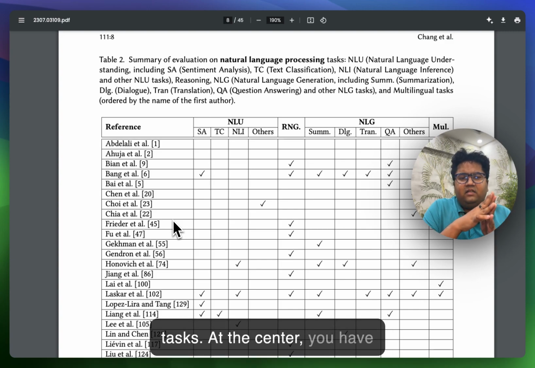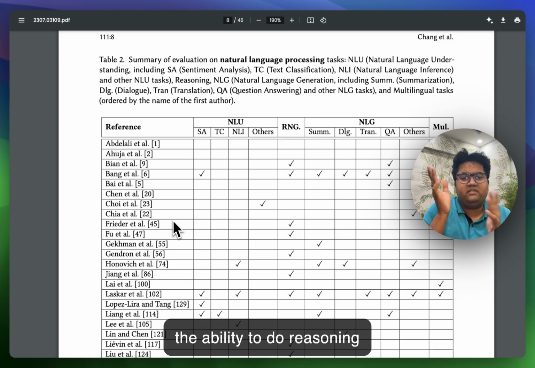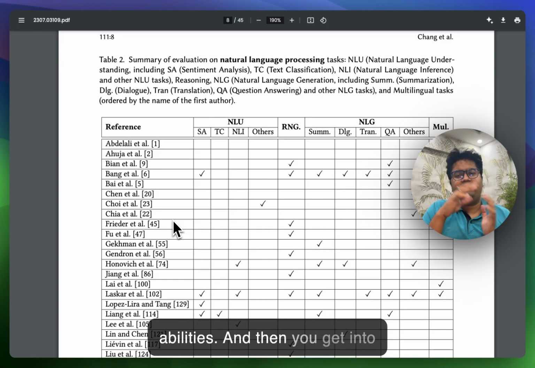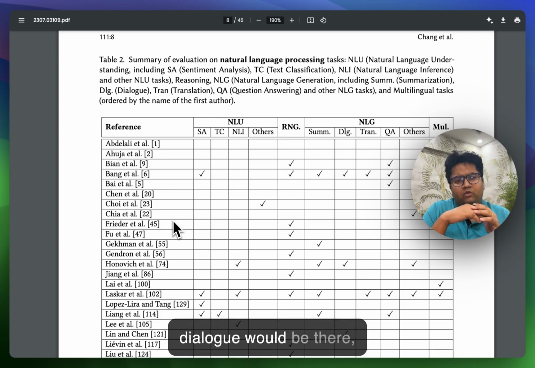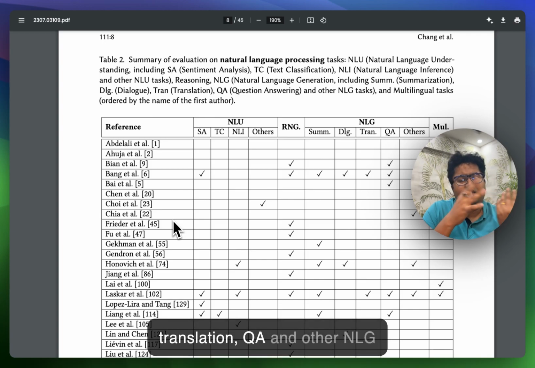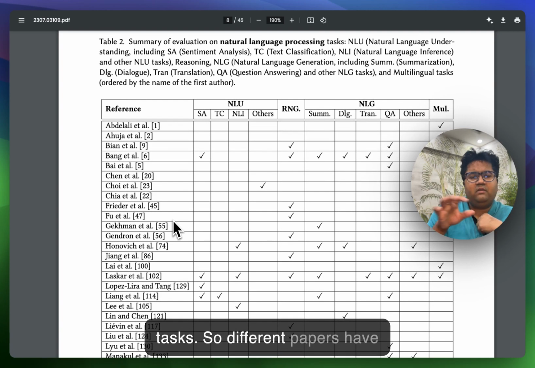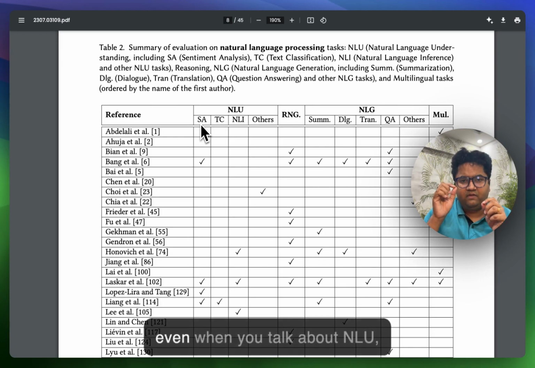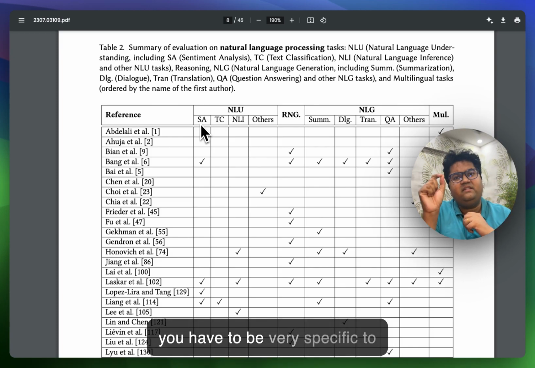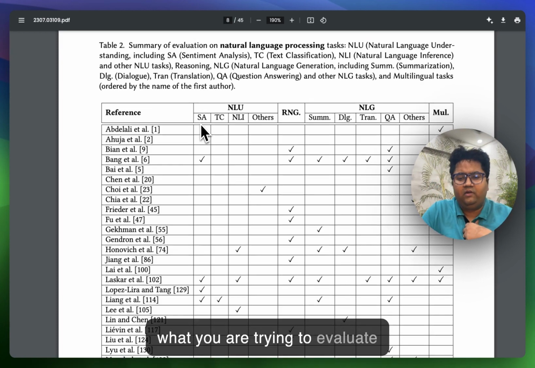At the center, you have reasoning abilities, and then you get into generation lenses like summarization, dialogue, translation, QA, and other NLG tasks. So different papers have evaluated differently, but I think it's important to understand that even when you talk about NLU, you have to be very specific as to what you are trying to evaluate and benchmark.